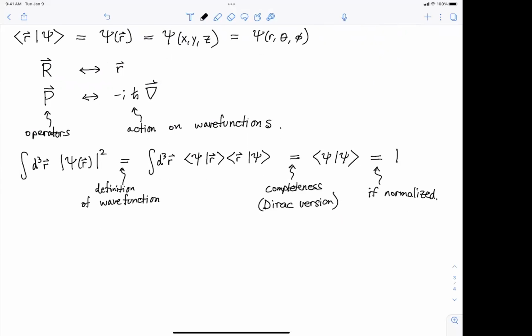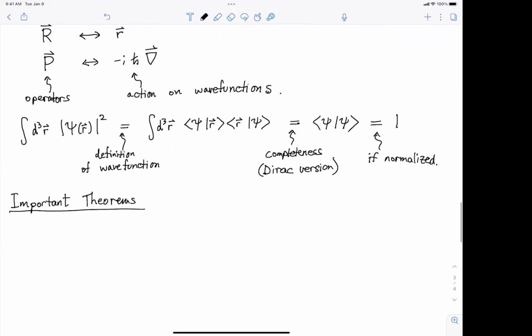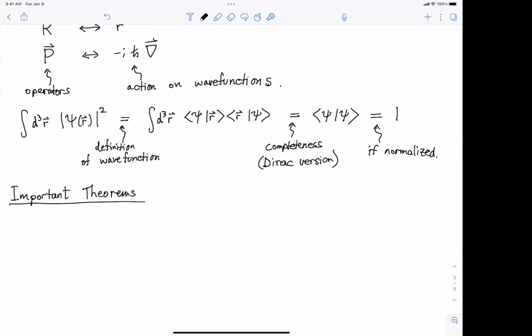All right, so here are some important theorems. Last semester, we spent some time proving some of these theorems. Usually in quantum mechanics, anything that's really important as a mathematical theorem can be proven in 1 or 2 or 3 lines, once you have all the definitions set up at least.